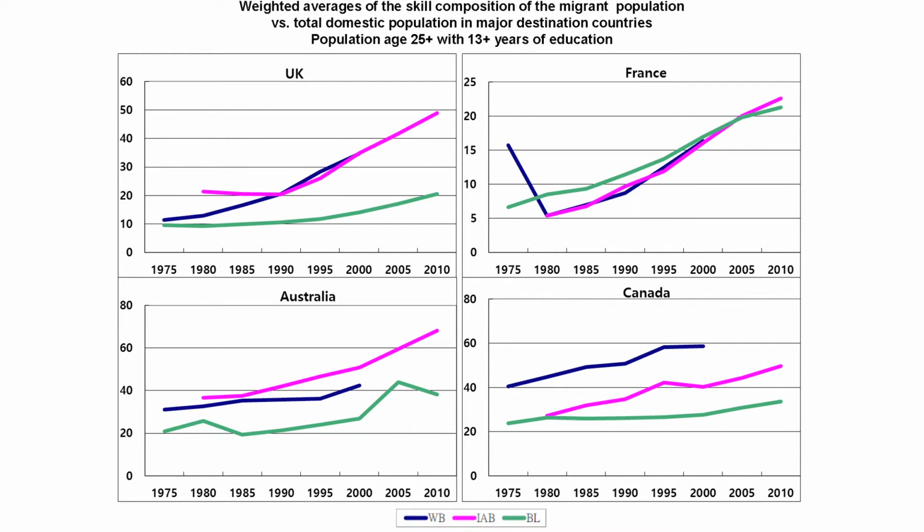There is a third chart here that talks about the level of skill, the way it's defined here. Those with more than 13 years of education are not available in the World Bank data or in the IAB data. They can't compute that.